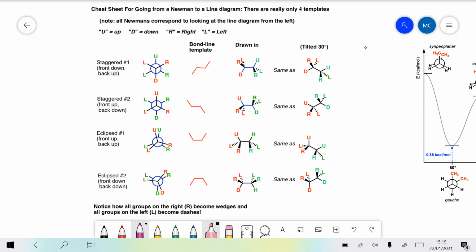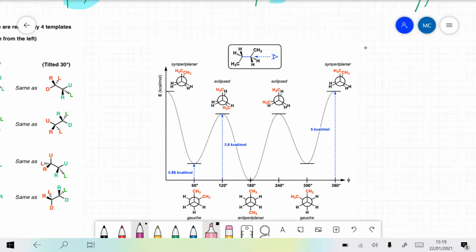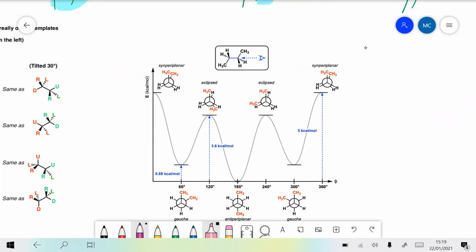Now, energy-wise, these become very important. And this is what you would need to start to think about. How will the energy change? So if they are completely eclipsed, okay?